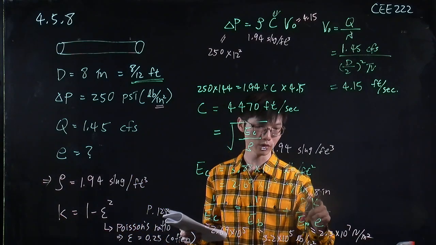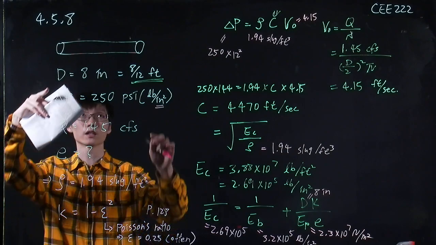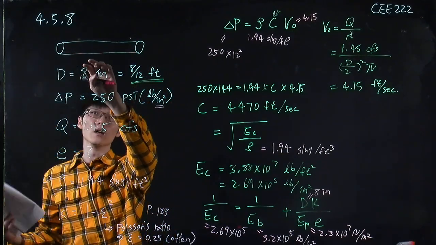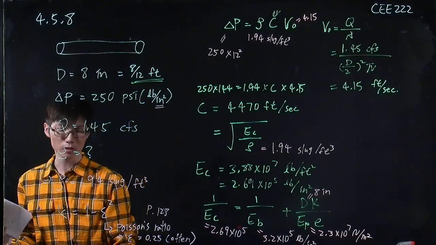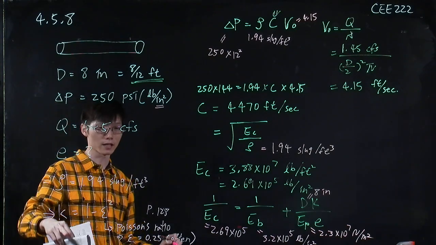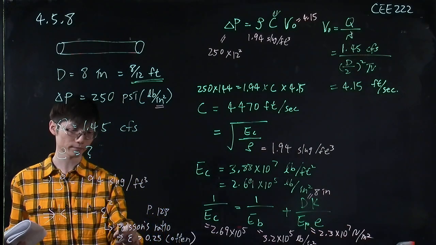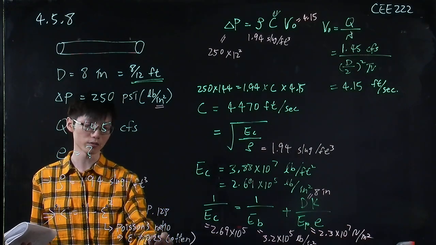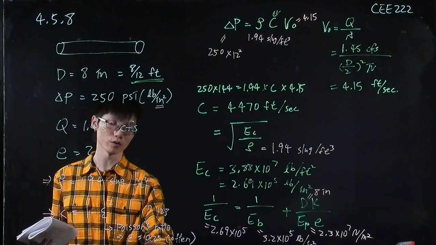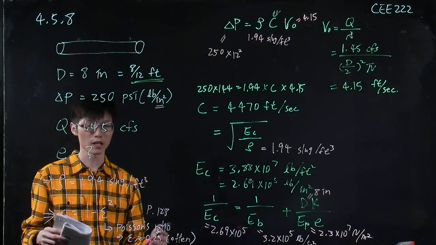And we also need this K value. Because the problem already tells that this is a two anchored pipeline, we will use this equation to calculate the K value. And this epsilon is the Poisson's ratio that we normally will use 0.25 for most of the cases.